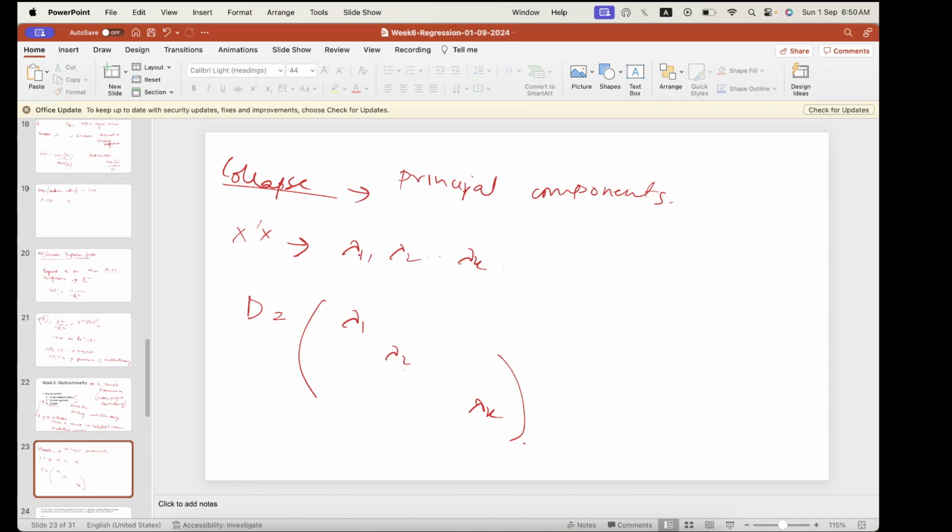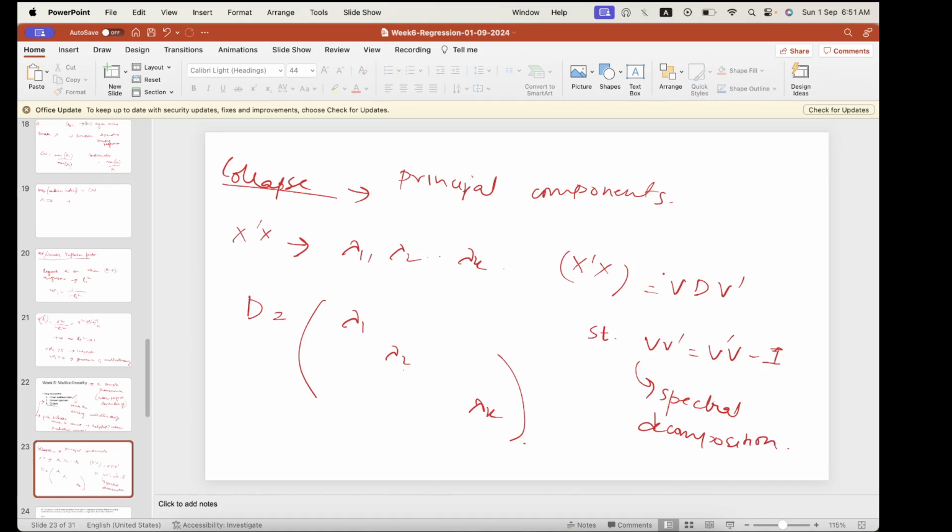Then we can decompose X prime X into V D V prime, such that V prime V equals I. This is known as spectral decomposition.